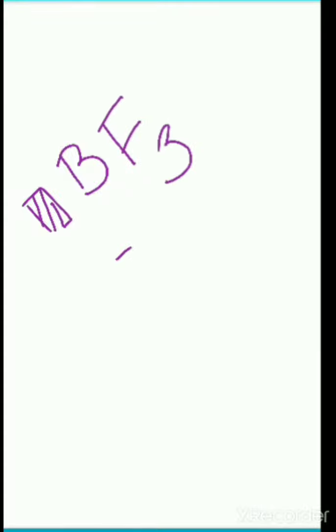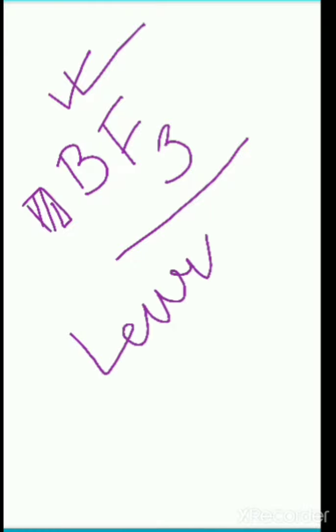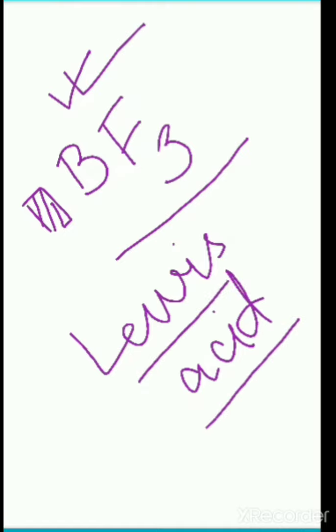Okay, here we discuss a question. This is BF3. This is a halide of boron. So this is actually known as Lewis acid, right? Why does this act as Lewis acid? Let's see.